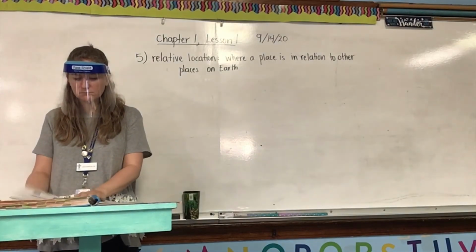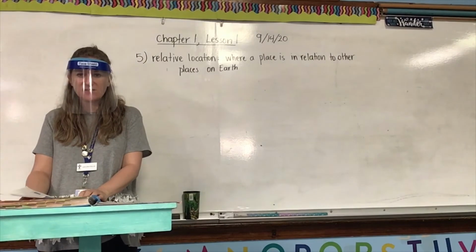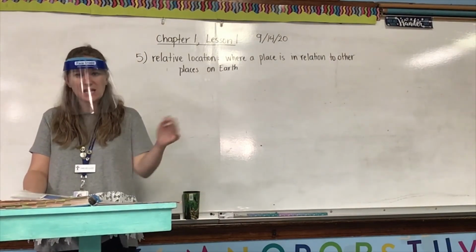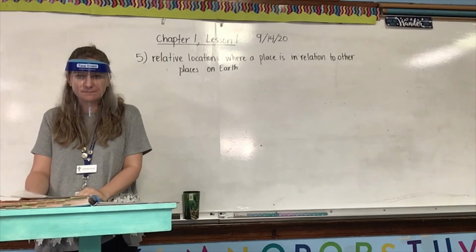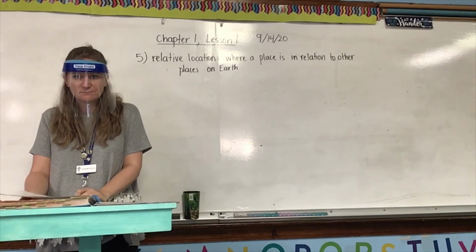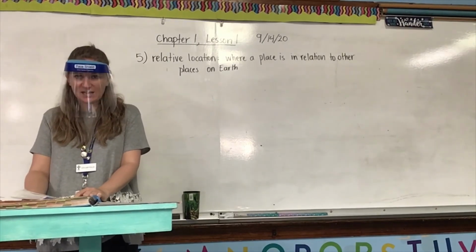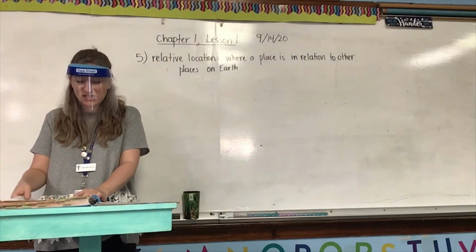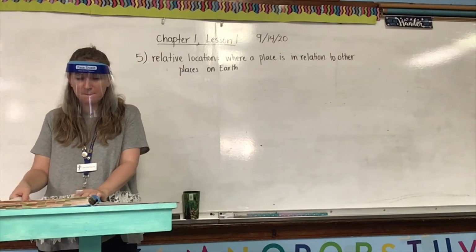It's east of Canada. Is it east of Canada? Remember, east is to the right. Is all of the United States to the right of Canada? No. So can it be east of Canada? No. So the United States is to the what of Canada?